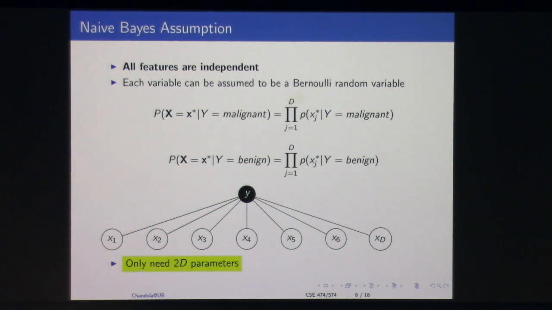So for example, let's say all the malignant tumors are dark red and big, right? Now you see a tumor which is dark red, then it's not that you cannot make any judgments about the size, right?